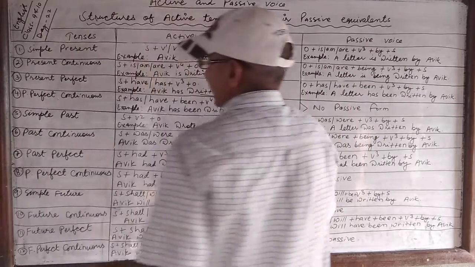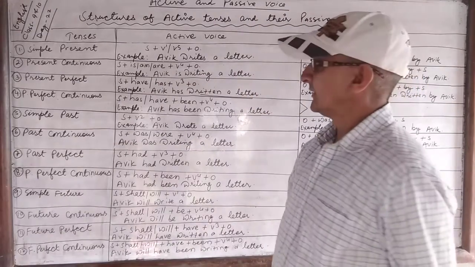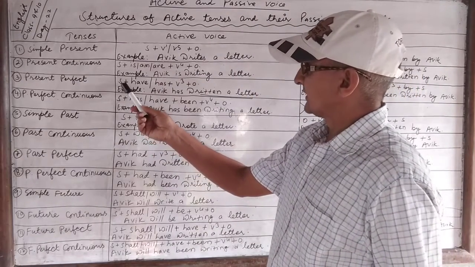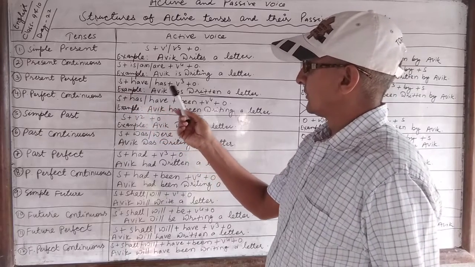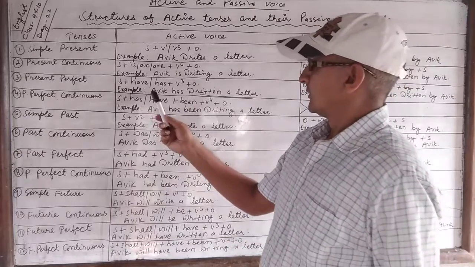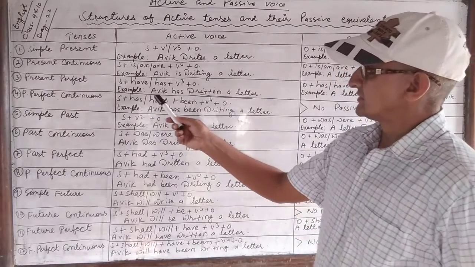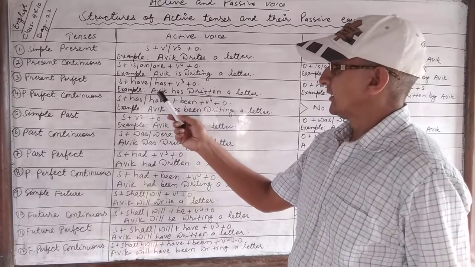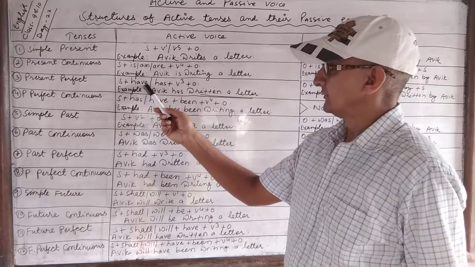Next, present perfect tense. The structure of present perfect tense is subject plus have or has plus V3 plus object. Example is Avik has written a letter. With singular subject we use has, with plural subject we use have.